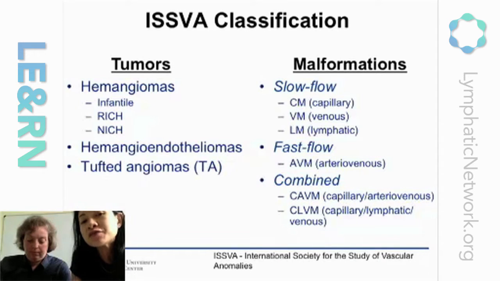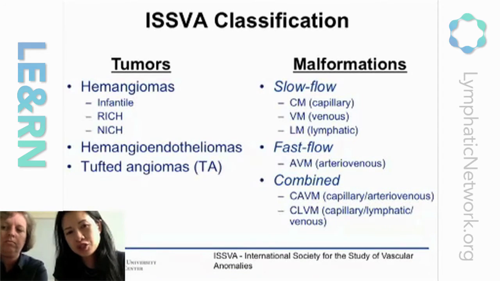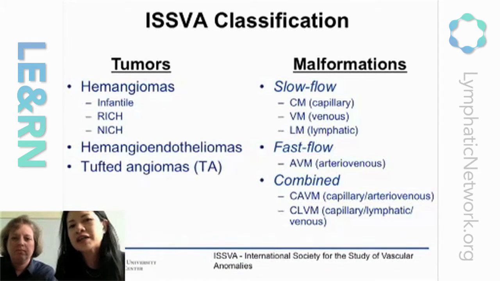According to the ISSVA Classification, which is the International Society for the Study of Vascular Anomalies, lymphatic malformations are grouped as a class of vascular malformations. As you can see, there are vascular tumors and malformations, and today we're talking about malformations.